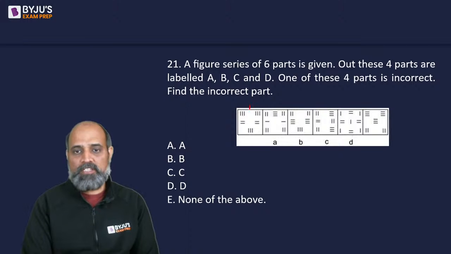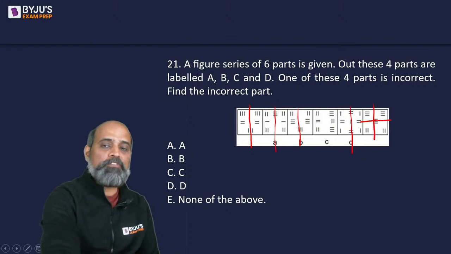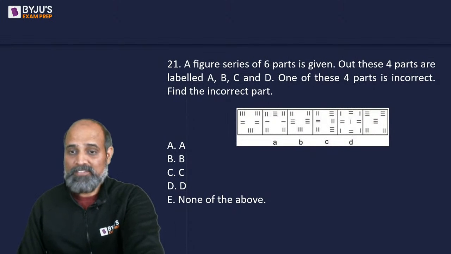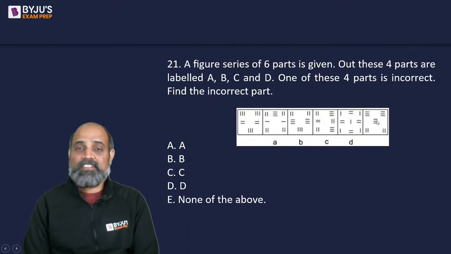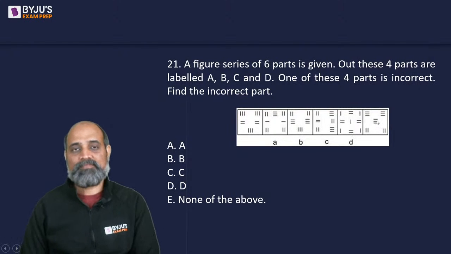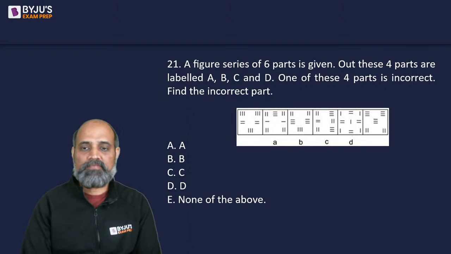You have to just see it. We do have axis of symmetry for figures. I mean for D and other ones as well. I just gave you the answer, isn't it?